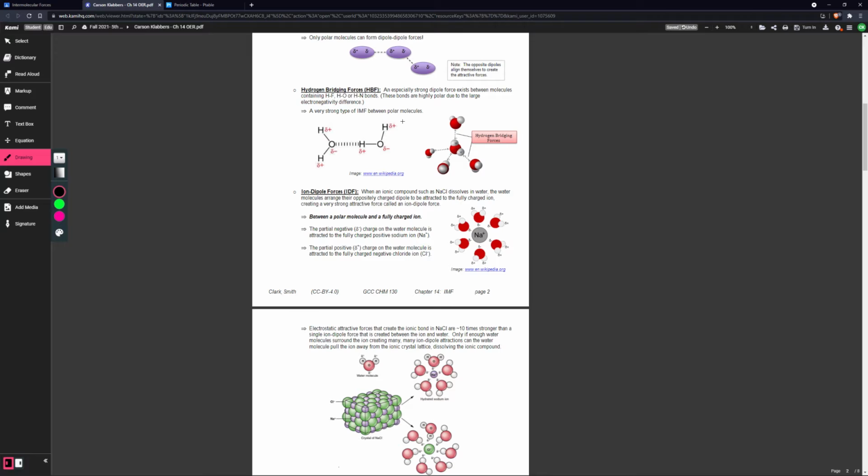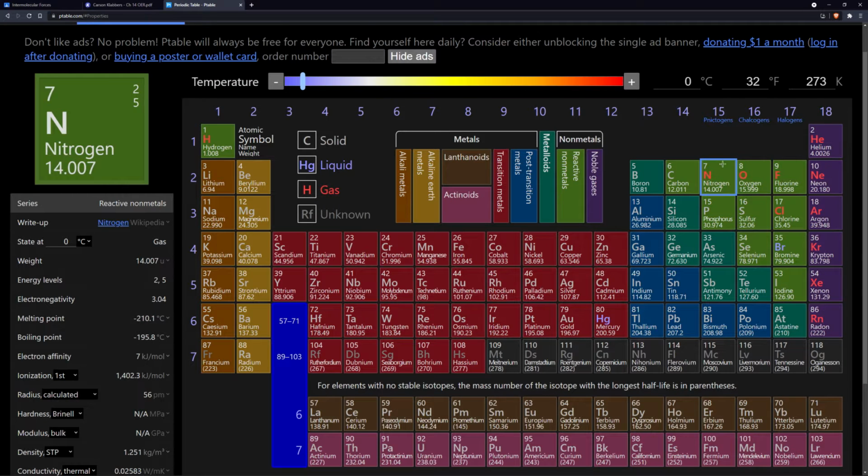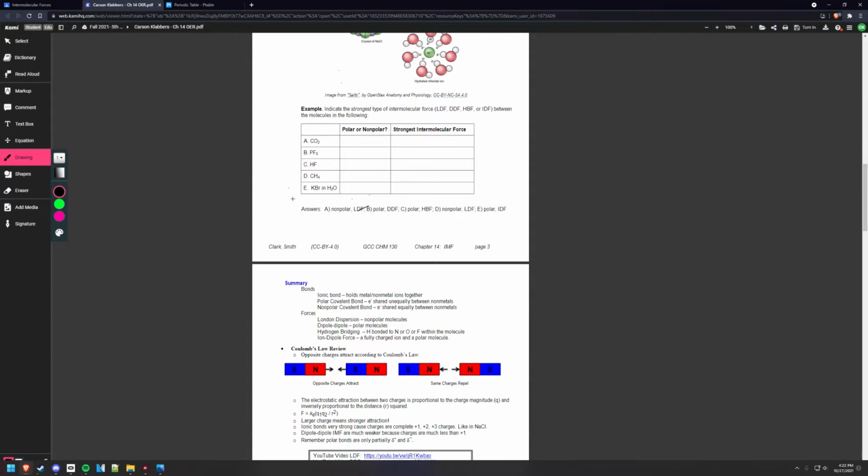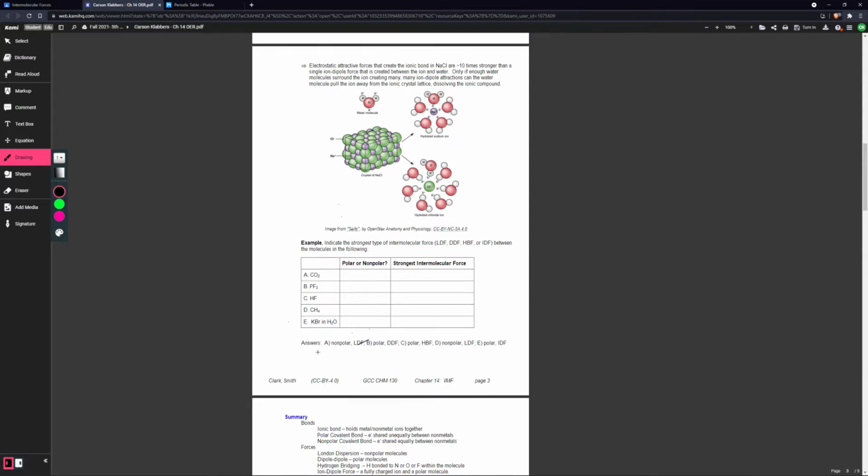Now to move on to hydrogen bridging forces. This is mainly occurring with hydrogen and oxygen, fluorine, or nitrogen. Nitrogen, oxygen, fluorine. It doesn't work with chlorine, sulfur, phosphorus, mainly because they have too high of an energy level that hydrogen can't really connect with that well. An example of this could be hydrogen fluoride. So that's going to be a hydrogen bridging force.